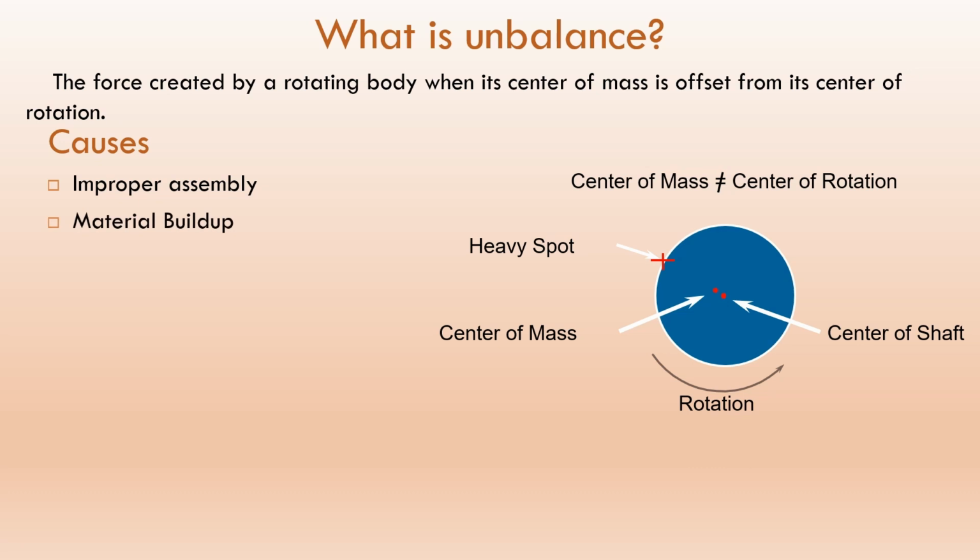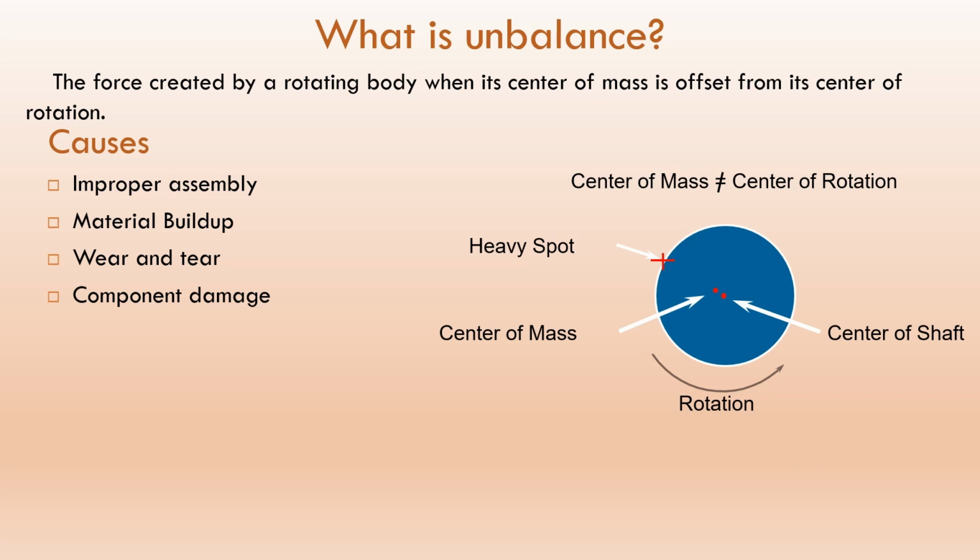Accumulation of debris, dirt, or material deposits on rotating parts can disrupt the balance. 3. Wear and tear. Over time, wear and tear on rotating components can lead to changes in mass distribution, causing imbalance. 4. Component damage. Damage to rotating components, such as bent shafts or cracked rotor discs, can create imbalance.